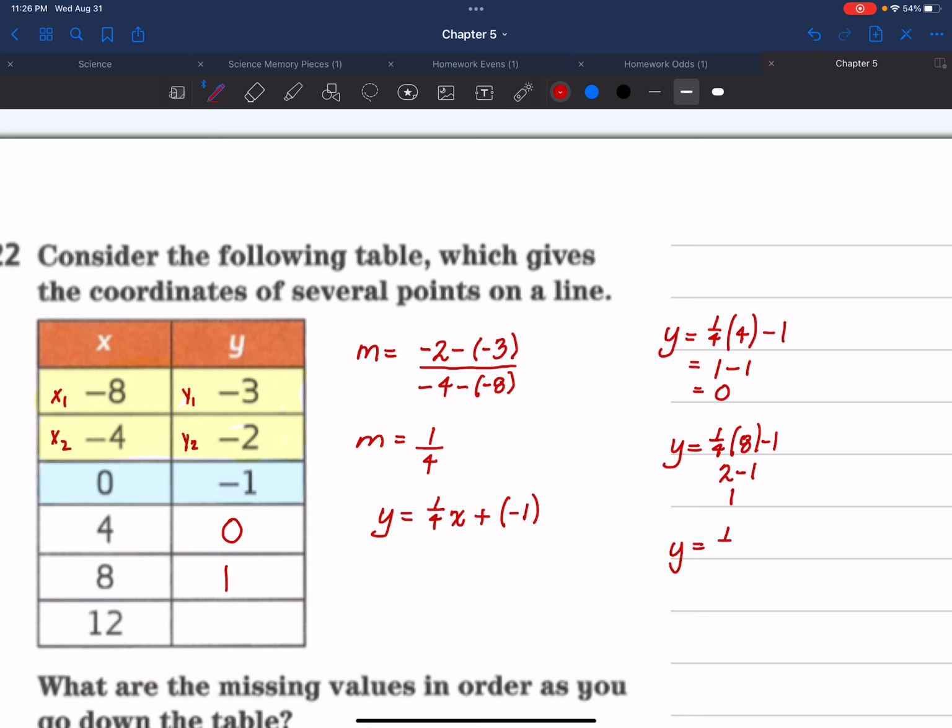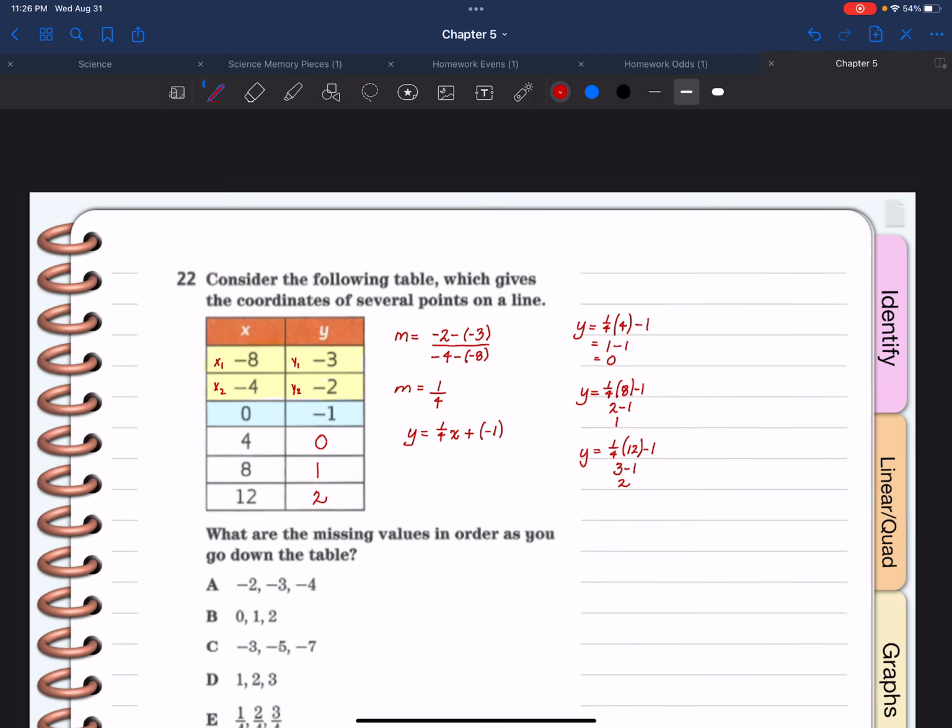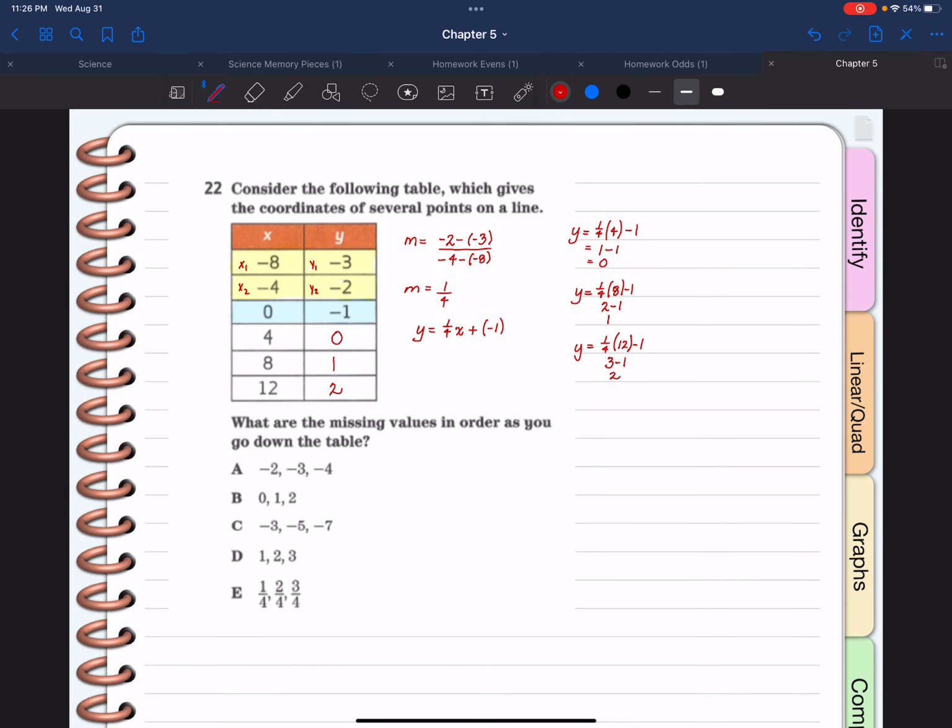And then we have 1/4 of 12 minus 1, which is 3 minus 1, or 2. So 0, 1, 2 should be the values we're looking for. So I like B for that one, for number 22. And that brings us to the end of that page, so I will stop the video.